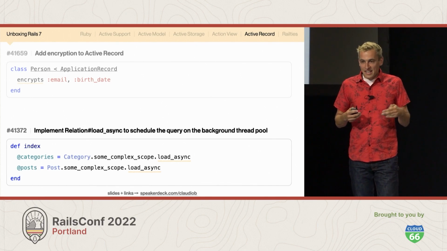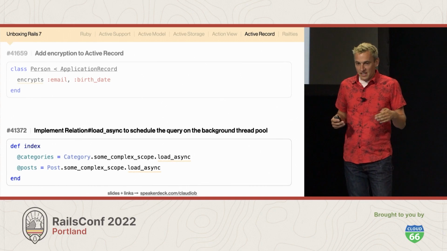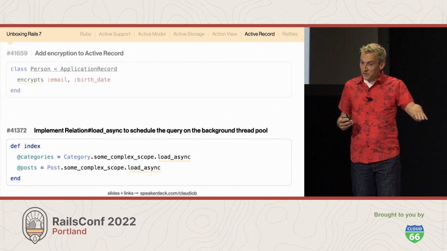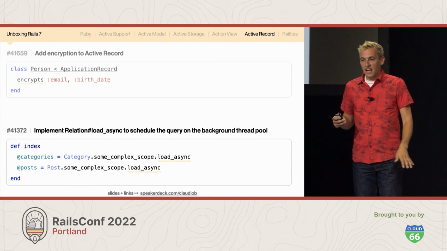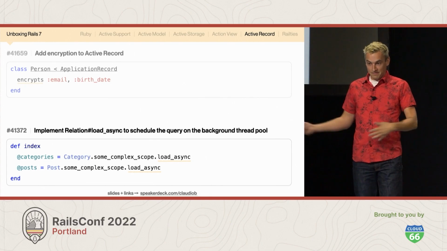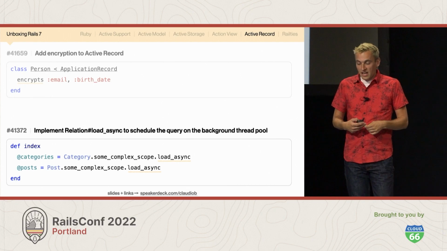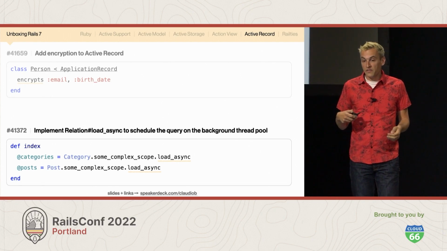But maybe you don't need these calls to be blocking. You can just say, hey, can you load the categories, but meanwhile, can you continue and do the rest? Load the posts, and then start rendering the page, and then only when you need to display them, then maybe wait for them, or maybe they're available by then. And now you can do all of this by appending load_async to your Active Record relation.